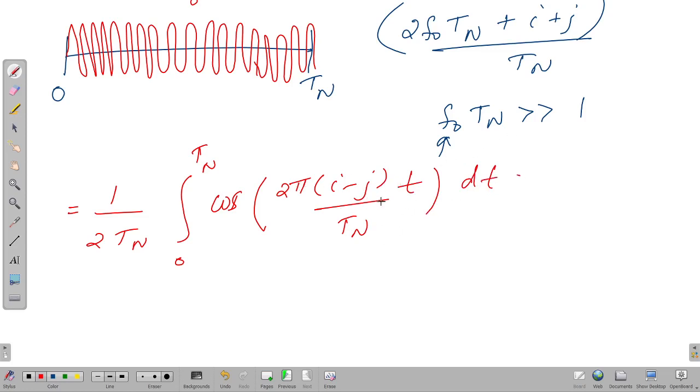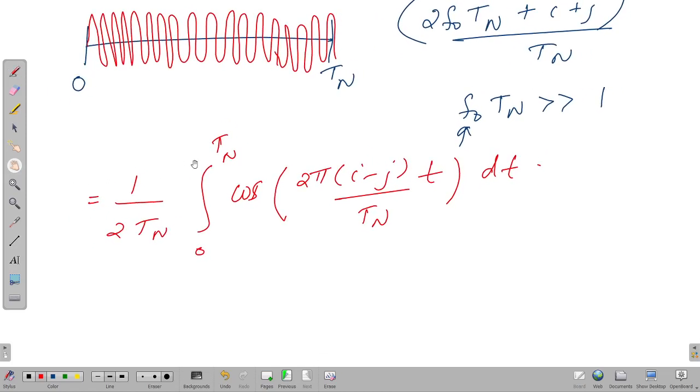Now you can see that the frequency now is (i minus j) divided by Tn. The standard form is cos 2 pi f t, right? And this i minus j, both are integers. If i and j are such that the difference is some non-zero value, then you will have this 1 by Tn multiplied with some value.